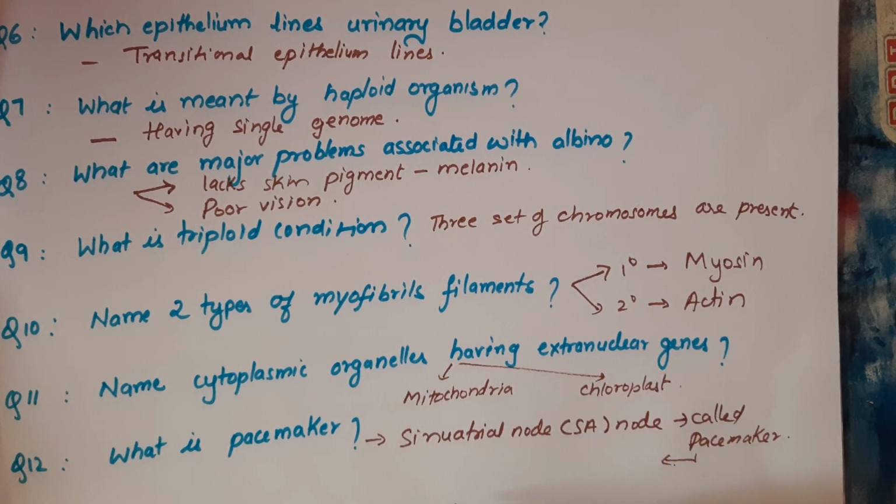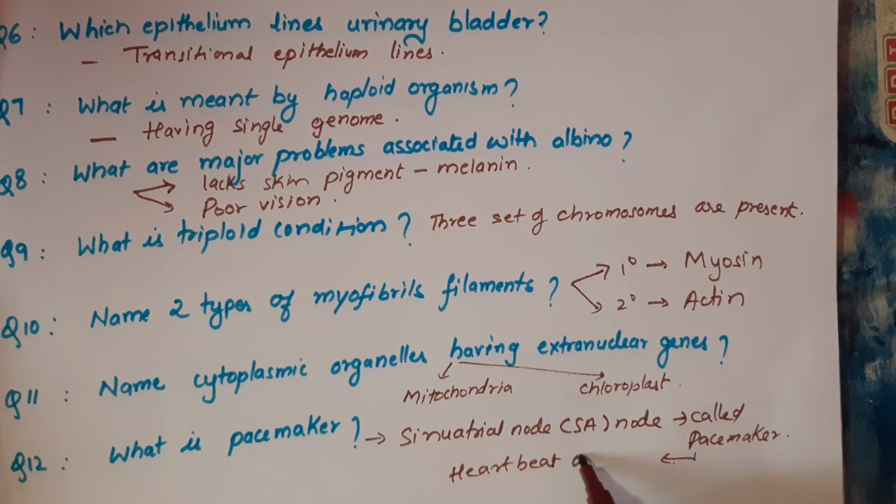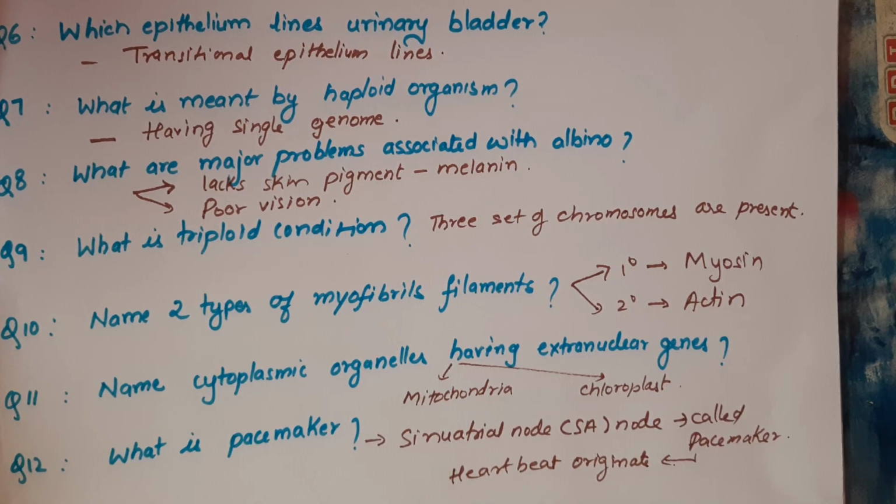Because the heartbeat originates from this neuromuscular tissue, which is present in the wall of the right atrium.